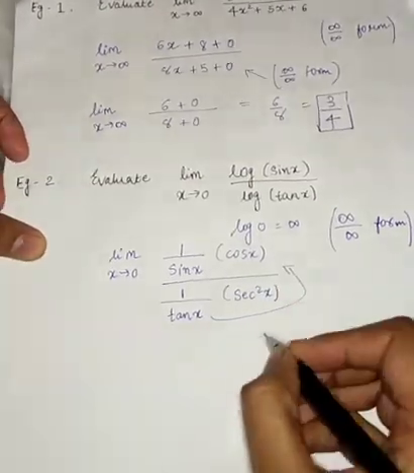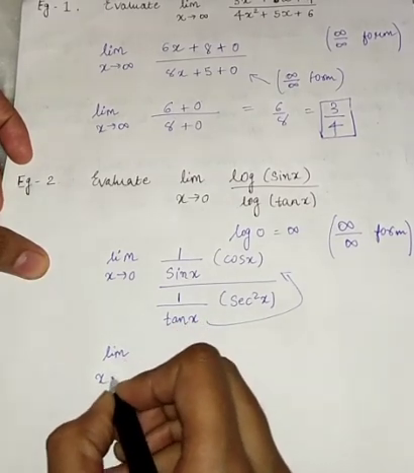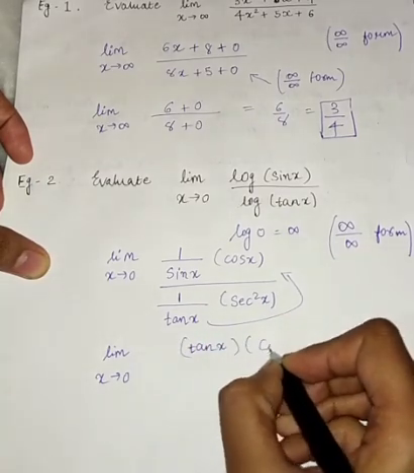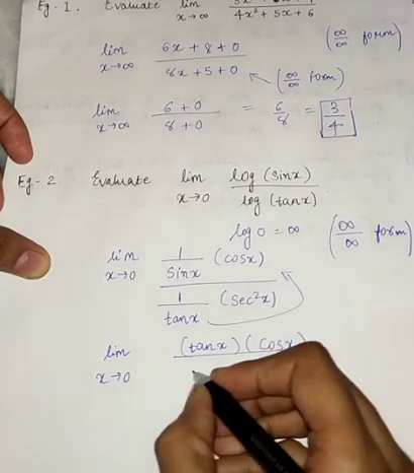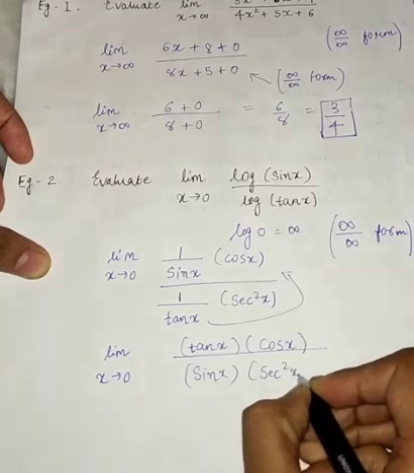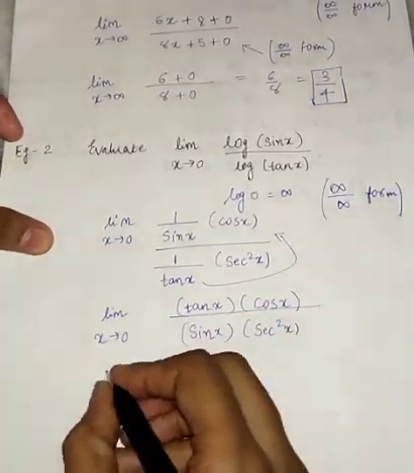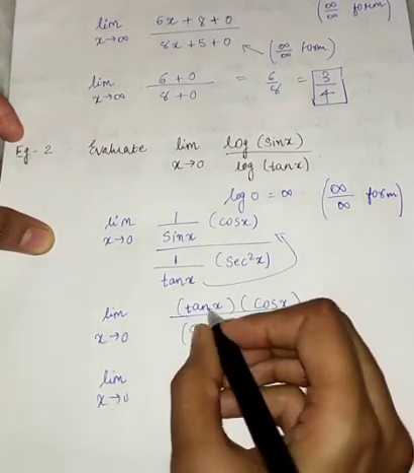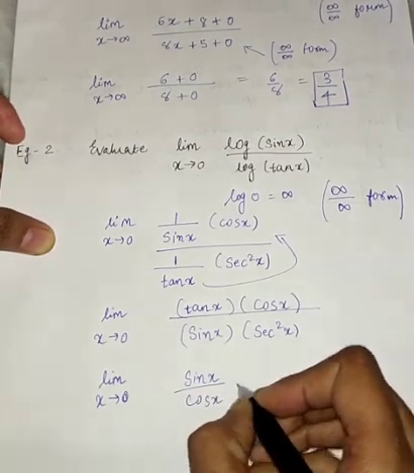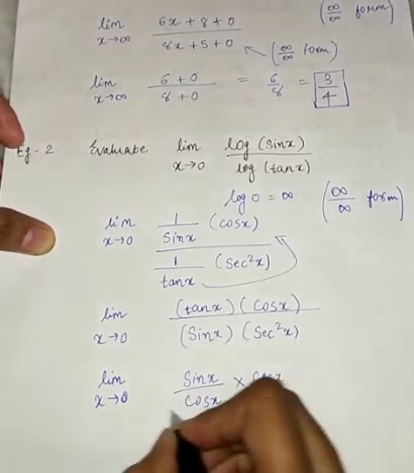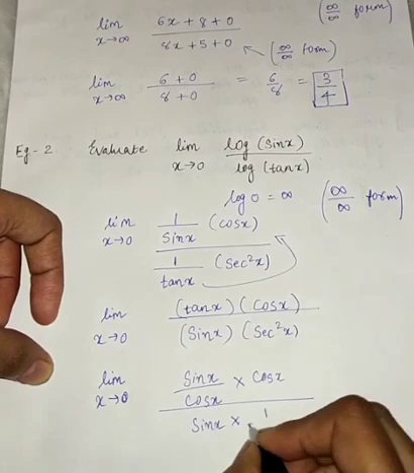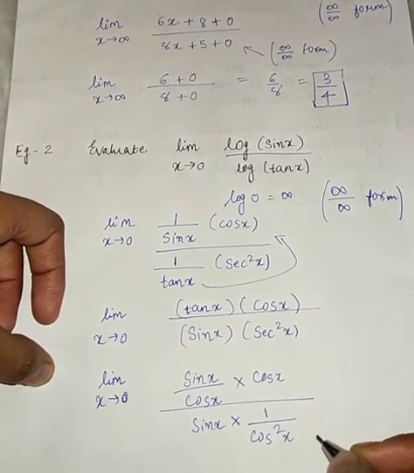And this tan x will go up, so we will get tan x into cos x upon sin x into sec square x. Now, this tan x can also be written as sin x upon cos x, into cos x, while in the denominator sin x remains, and sec square x can be written as 1 upon cos square x.